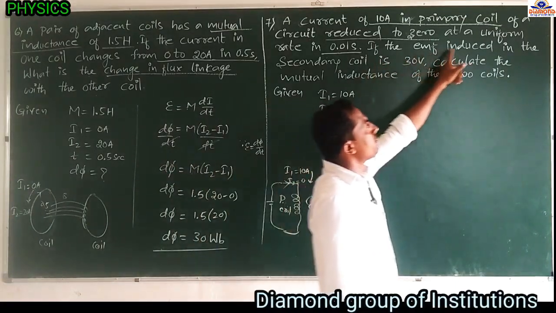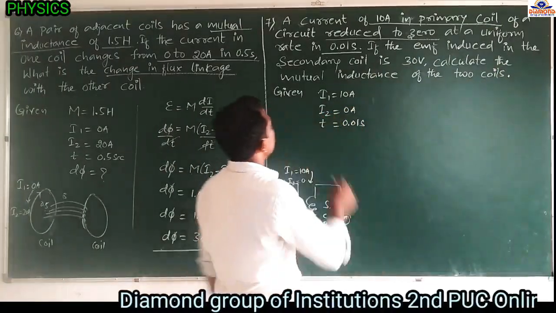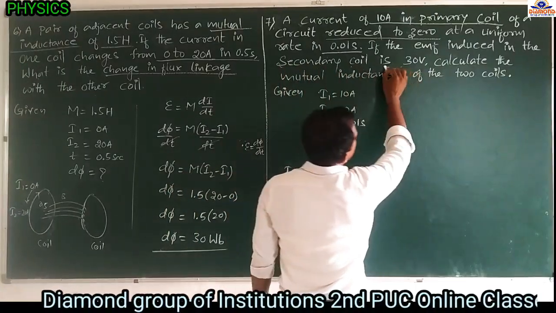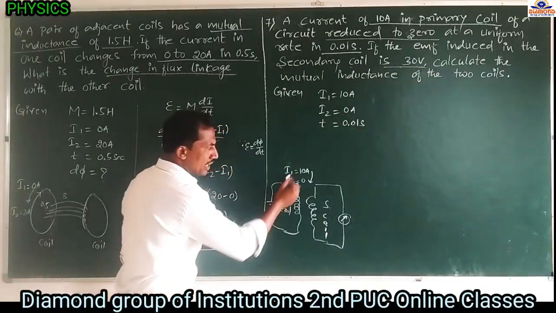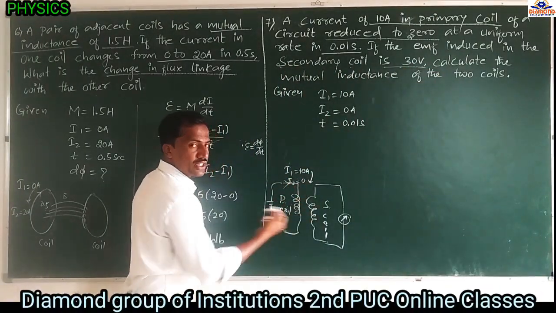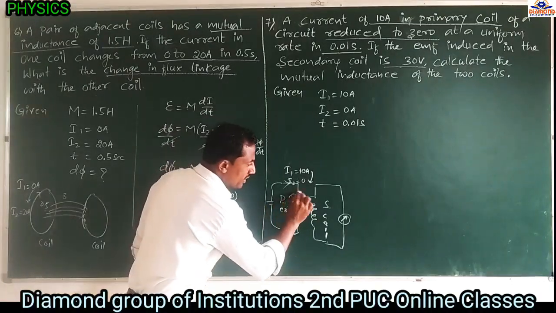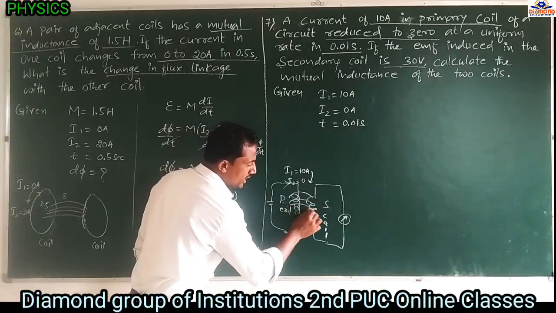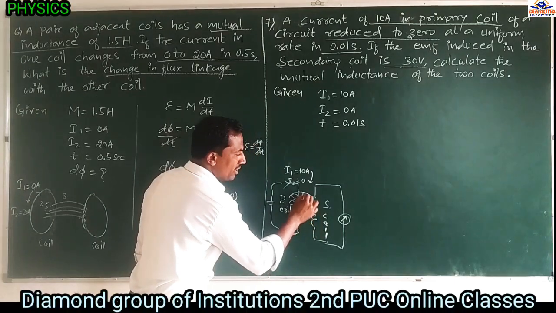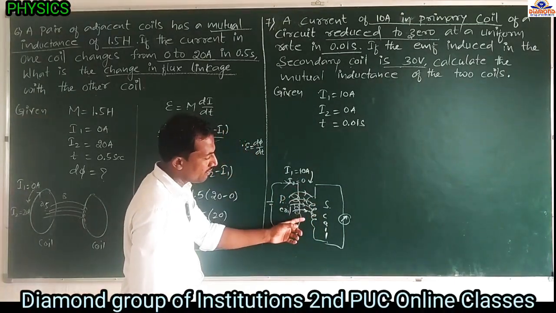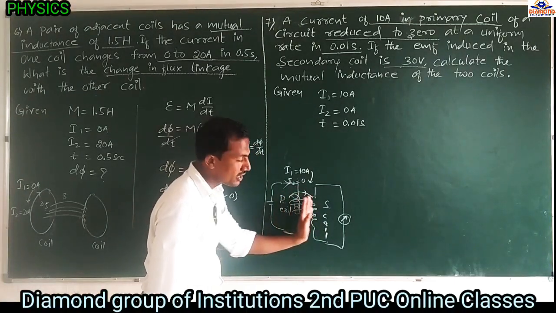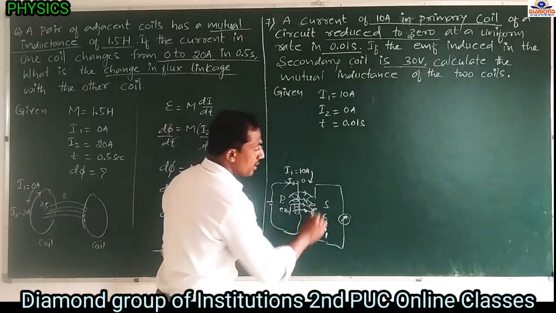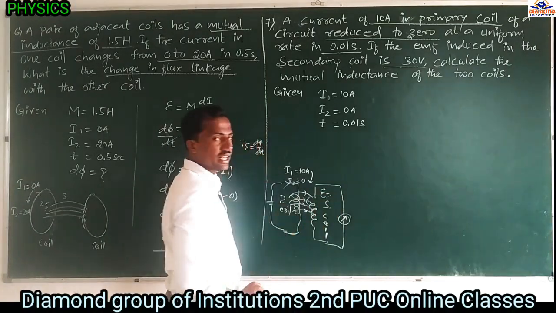If the EMF induced in the secondary coil is 30 volt: when the current value changes, a magnetic field is produced. That magnetic field is linked with the secondary coil. Whenever the magnetic field or flux linked with the secondary coil changes, EMF is induced in the secondary coil.